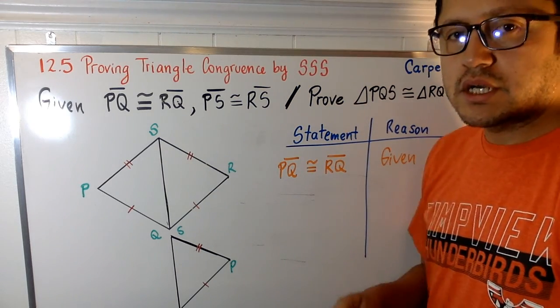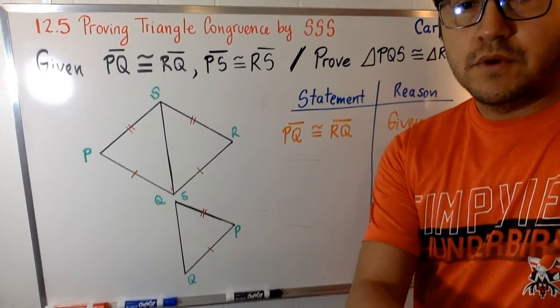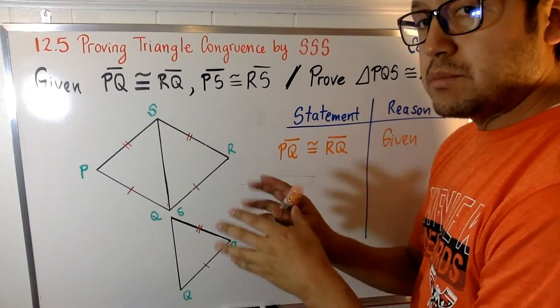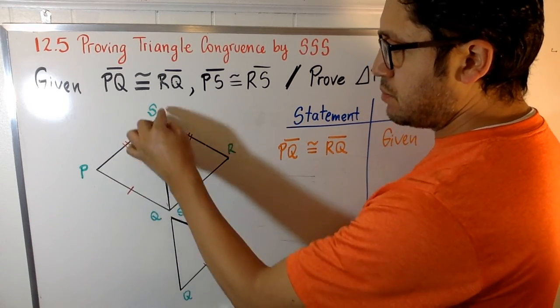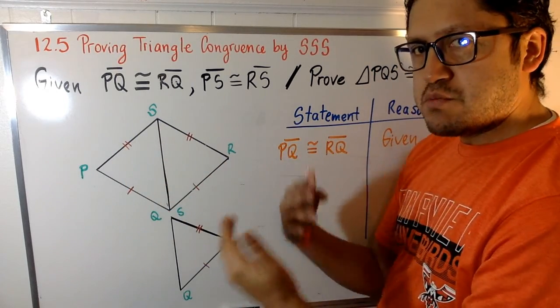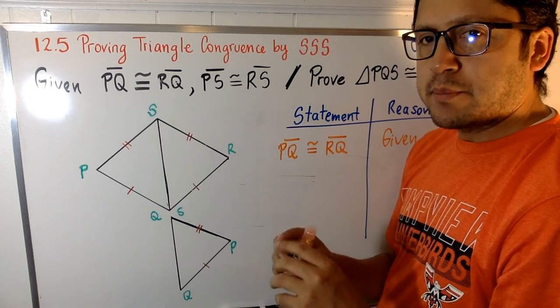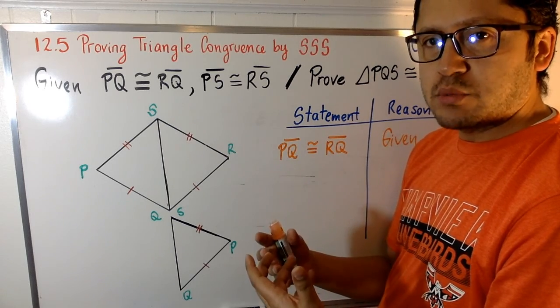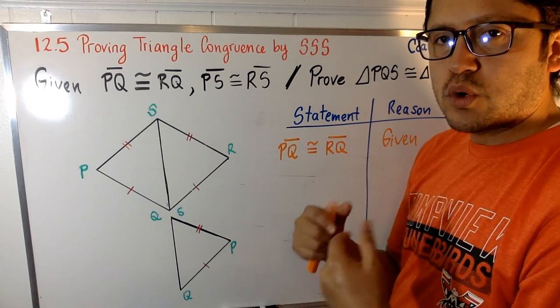Now I want you to take a look at this triangle I have right here. I'm going to adjust the focus a little bit so you can see. What I'm doing at this point is taking this triangle PQS. Try to imagine, and we've done this in a previous video when I used GeoGebra to show you how reflections, rotations, and translations work.